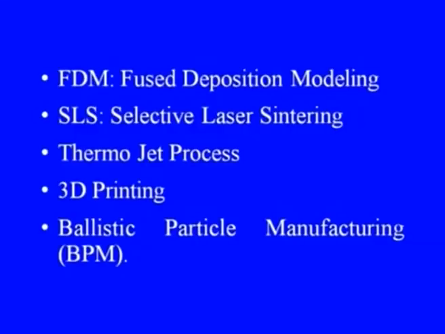Others are FDM, that is fused deposition modeling, SLS, selective laser sintering, then thermojet process, then 3D printing process, which I have referred to at the very beginning of this session. Then another is ballistic particle manufacturing, in short called BPM process.